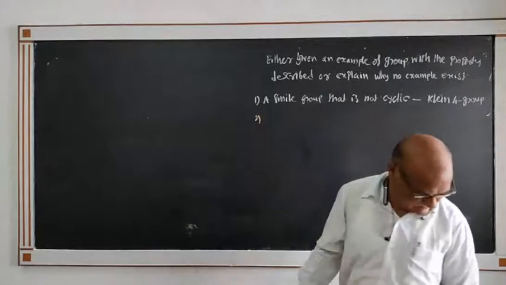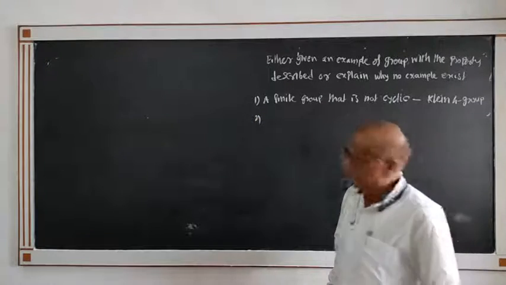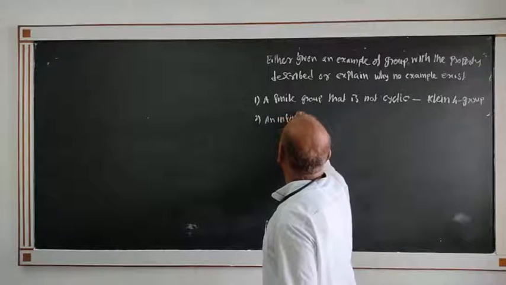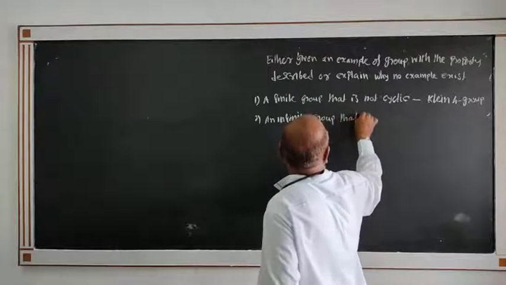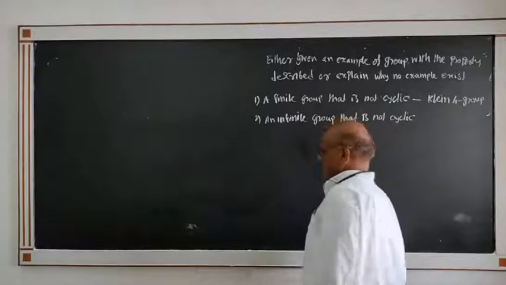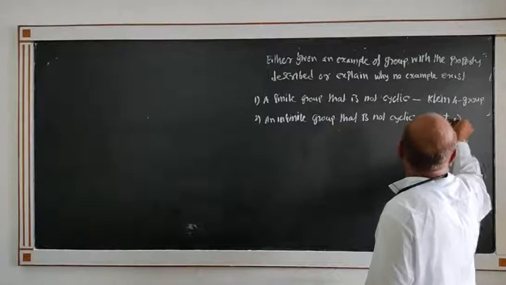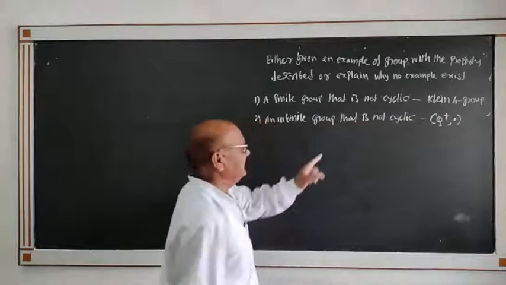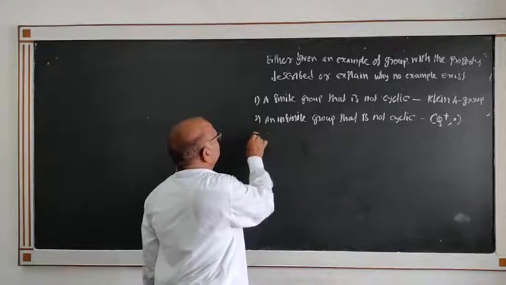Second, an infinite group that is not cyclic. Q plus, the set of positive rationals with multiplication, is an infinite group but not cyclic.